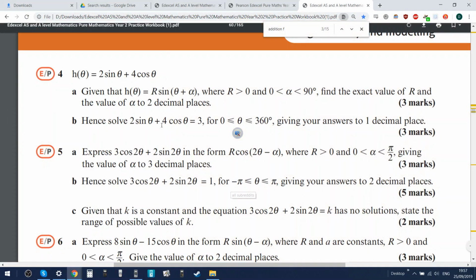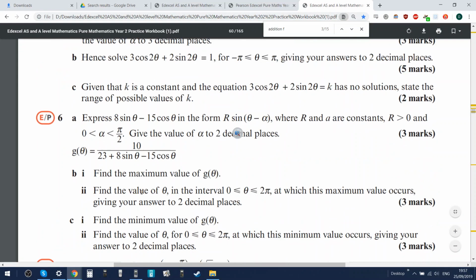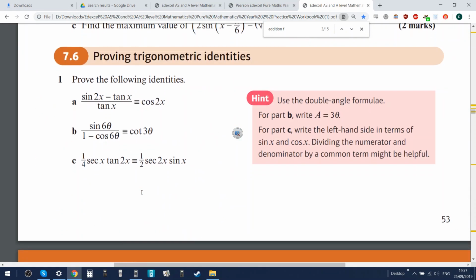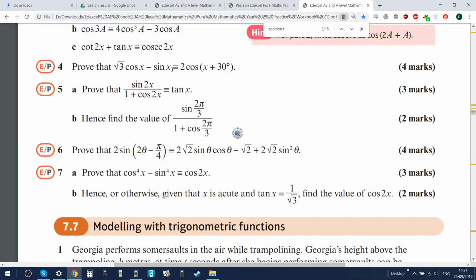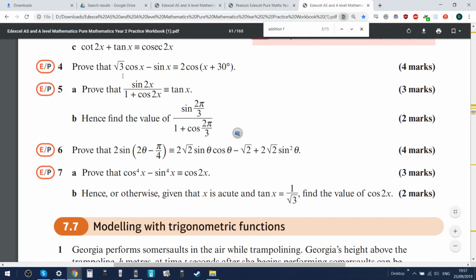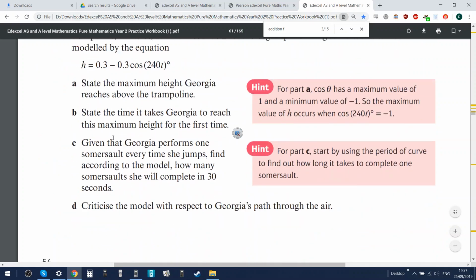So it's a huge amount of stuff for trig, lots of different stuff. Here's proving trig identities. Same thing: cos alpha is root 3, sine alpha is 1, and just doing it that way.